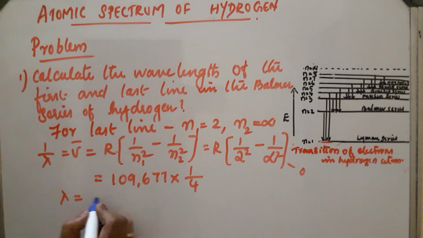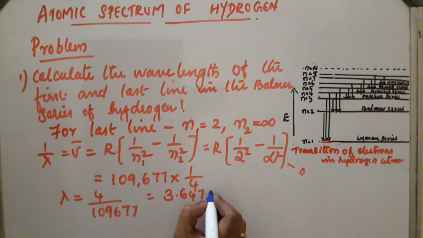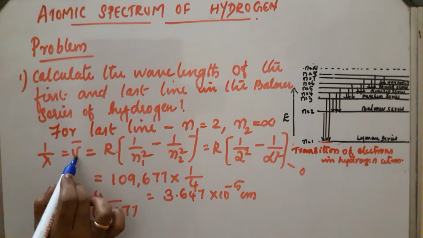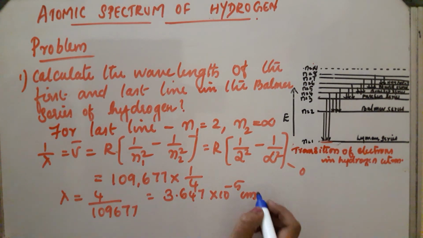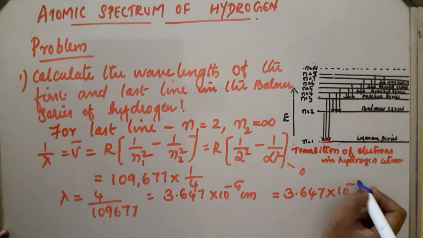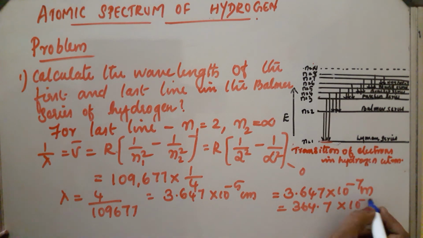Or we can say lambda is equal to 4 by 109677. The value is 3.647 into 10 raised to minus 5, and since nu bar is centimeter inverse, lambda will be in centimeter. So this will be equal to 3.647 into 10 raised to minus 7 meter, that is 364.7 into 10 raised to minus 9 meter, or 364.7 nanometer. This will be the value.